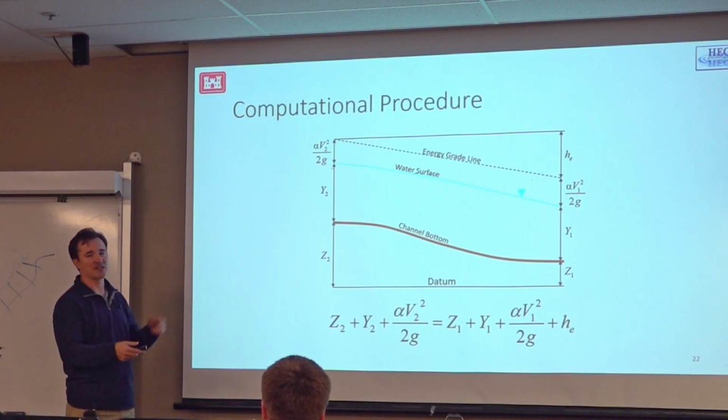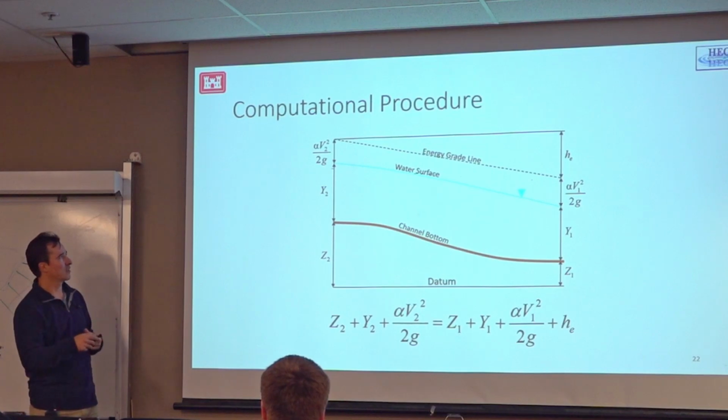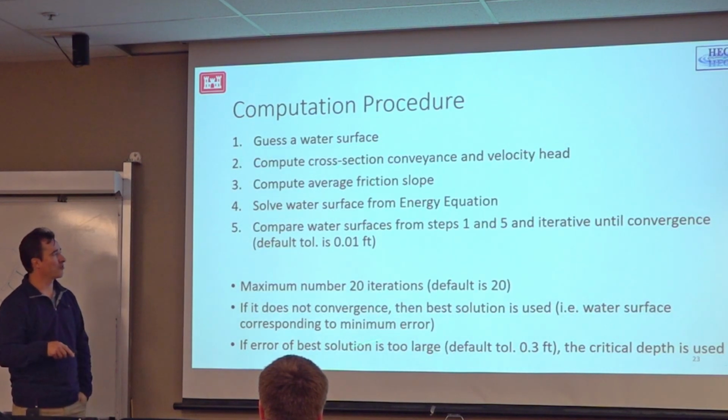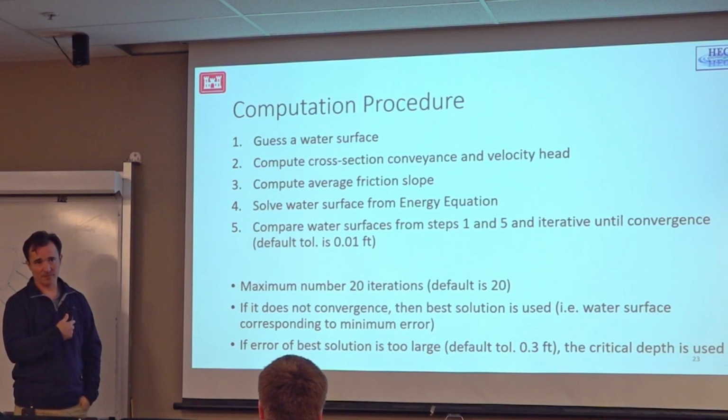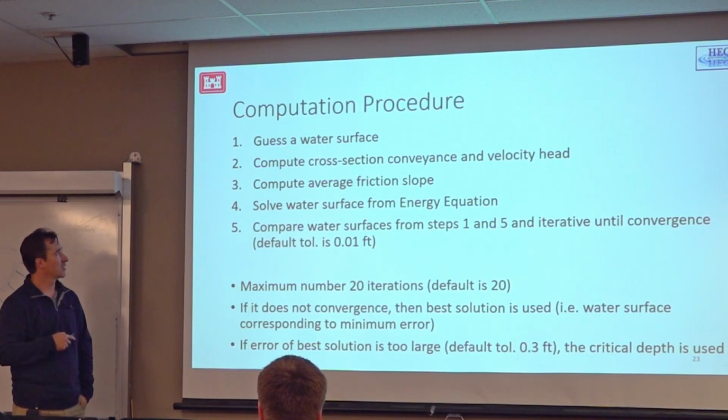Compute energy losses and then check if that guessed water surface was accurate. So this is a computation procedure for solving the steady flow, right? For how to get the water surfaces.